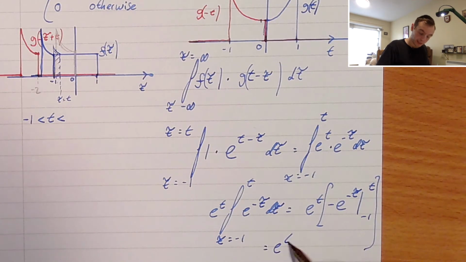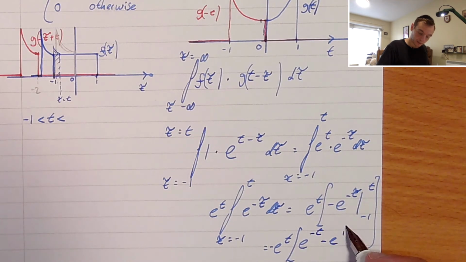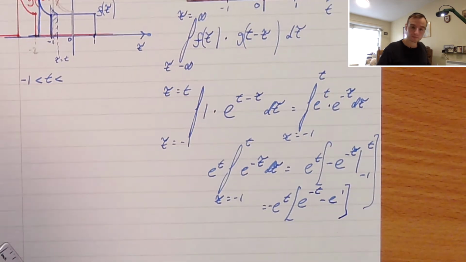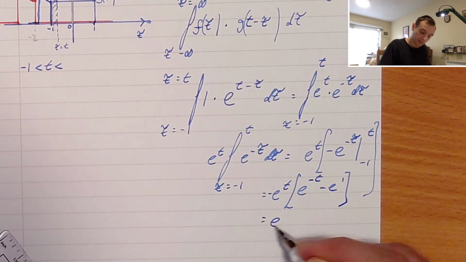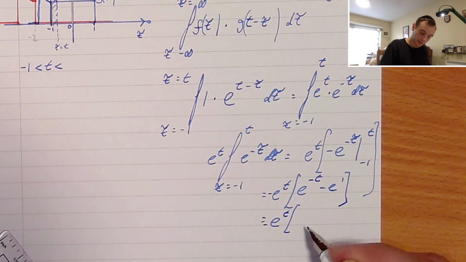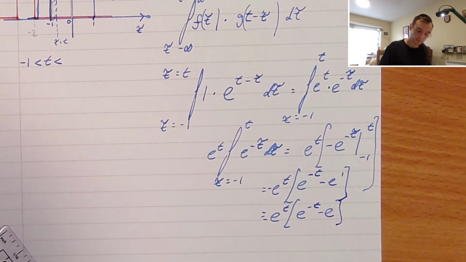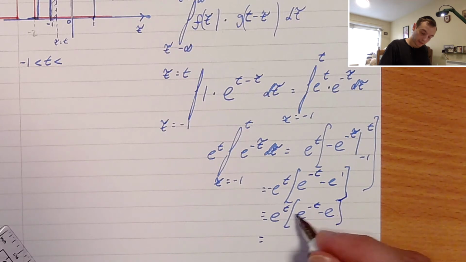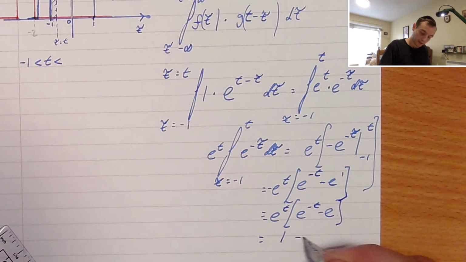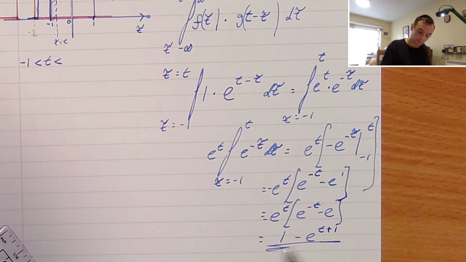That's equal to e to the t, take the minus out, e to the minus t minus e to the minus minus 1. That's going to be minus e to the t times e to the minus t minus e, equals e to the t, that's going to be e to the naught, it's going to be 1 minus e to the t plus 1.